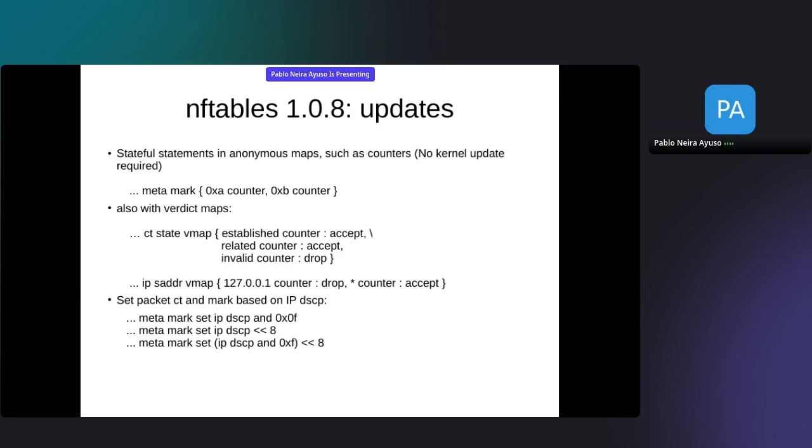We have established, and then we count if there is a matching packet on the established state. In the established state, then we accept it, and then same with related, and with invalid, count and drop. So in this case, you can express the classic two rules with established, related, accept, and count, and then another rule to say invalid, count, and then drop, right?